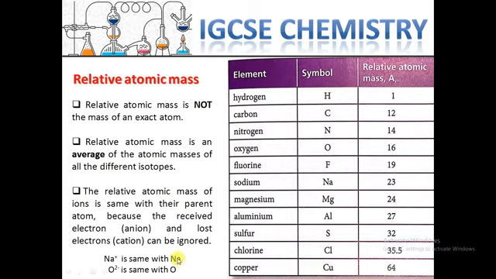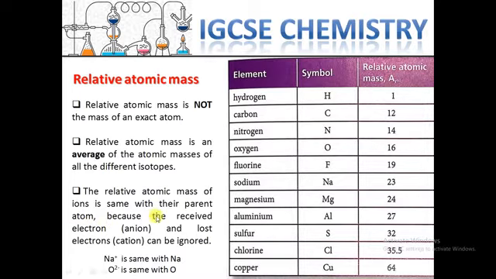If sodium loses one electron, it is converted to the sodium cation. One electron doesn't have a significant mass, so it can be ignored.